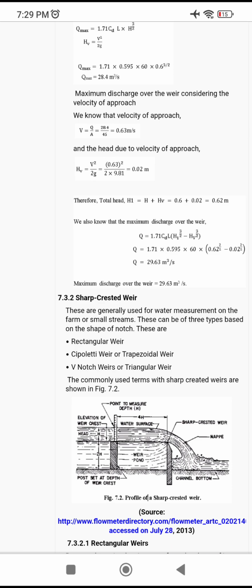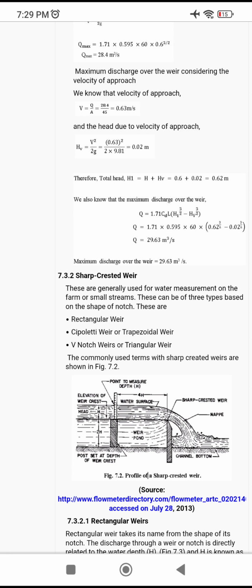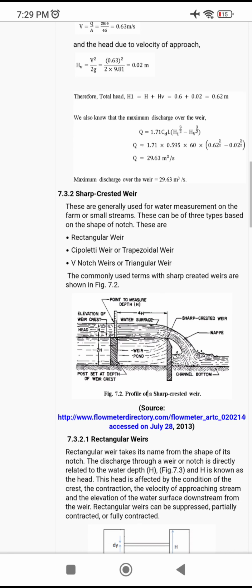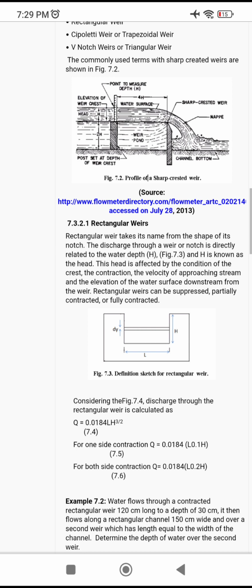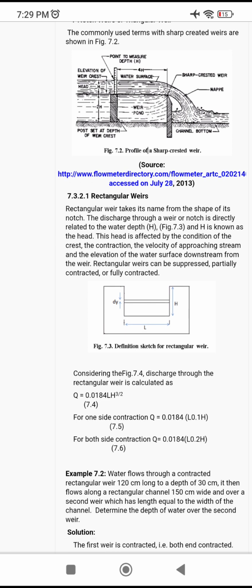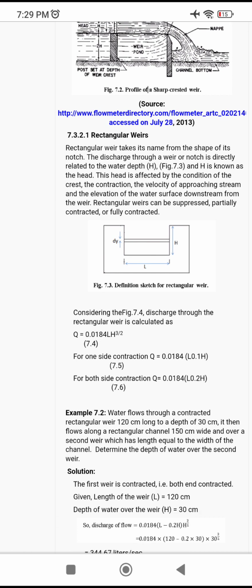Now sharp crested weir, there are rectangular weir, Cipolletti weir, then V-notch weir. Remember, this trapezoidal weir is also known as Cipolletti weir, and triangular weir is also known as V-notch weir. Now what is the formula for rectangular weirs? Discharge is equal to 0.0184 L H raised to 3 by 2, and here you have to consider if it is one side contraction or both side contraction, then the formula will change.